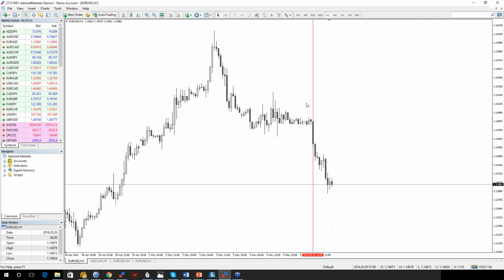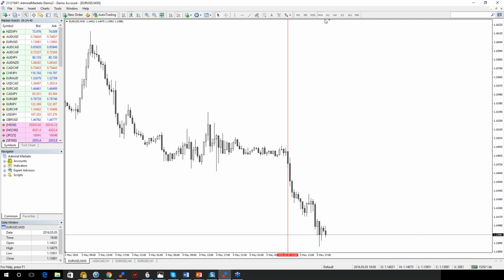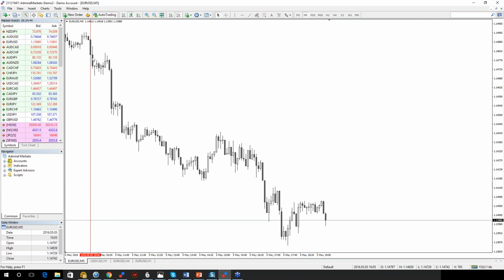So let's say this is 1 hour candle. It closed. You immediately go to 30 minute candle. It closed bearish. 15 minute candle. It closed bearish. 5 minute candle. It's bearish. See, 2 pips below the low of the candle, you take your short entry.